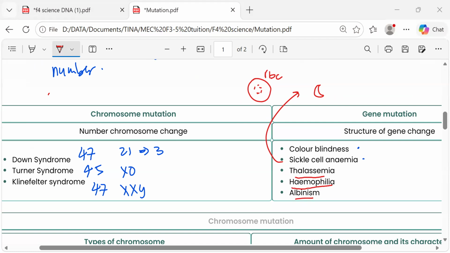Do you understand? They are not white, they just have no pigment. If they are Black, they look white. Natural, congenital. Thalassemia is also a red blood cell problem, but a different kind from sickle cell.